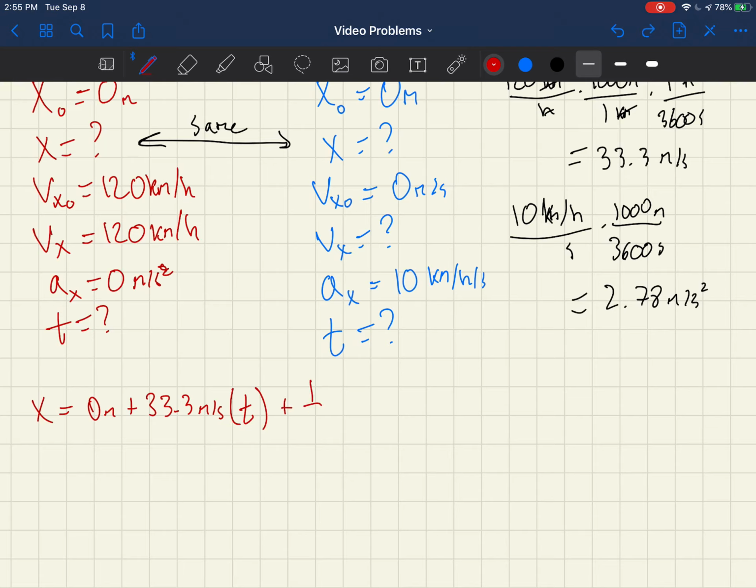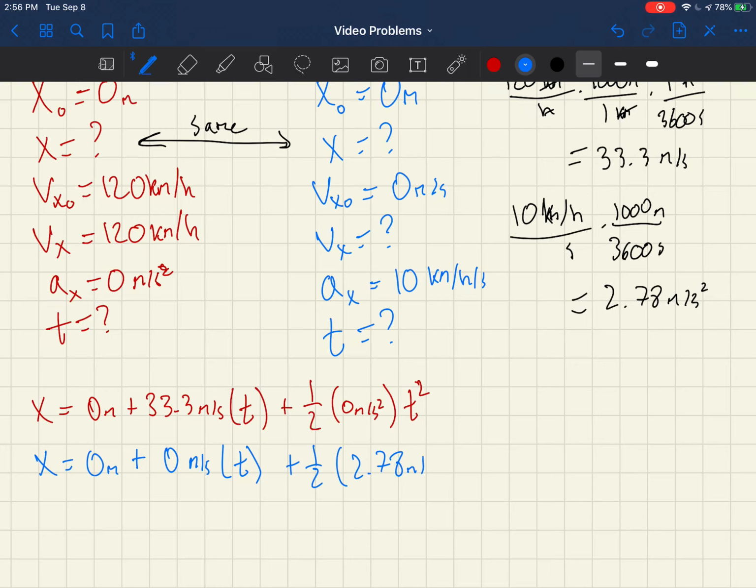And we have 1/2 a, which is 0, times t squared. Okay, so that's for the speeder. And then for the cop car, we have x is equal to 0 meters plus 0 meters per second times time plus 1/2 times 2.78 meters per second squared times time squared.